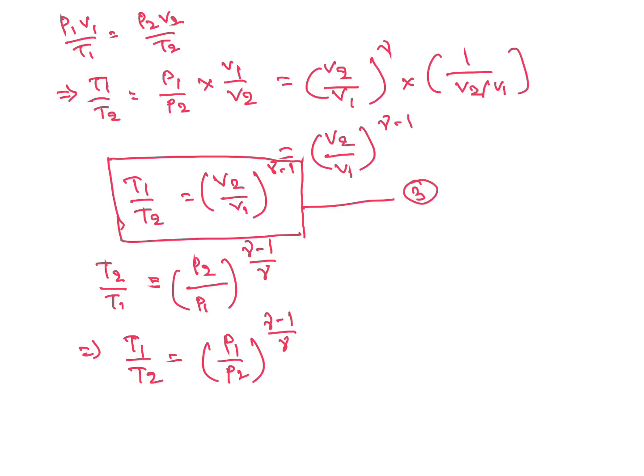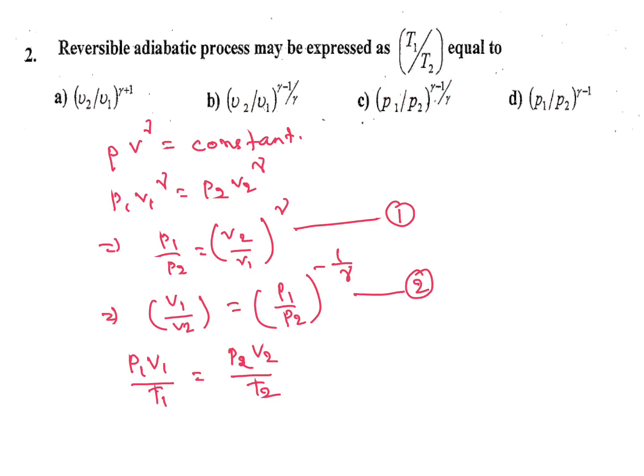This one we got using equations 1, 2, 3. So our answer is T1 by T2 equal to P1 by P2 whole to the power gamma minus 1 by gamma. From the options, C is our answer.